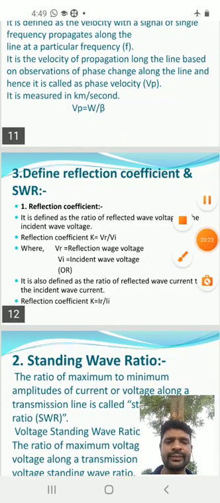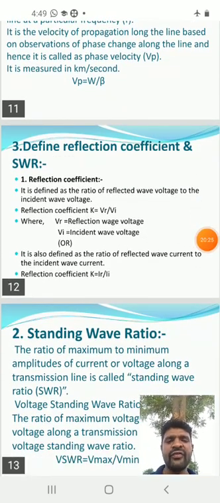Next topic is define reflection coefficient and standing wave ratio SWR. Reflection coefficient. It is defined as the ratio of reflected wave voltage to the incident wave voltage.